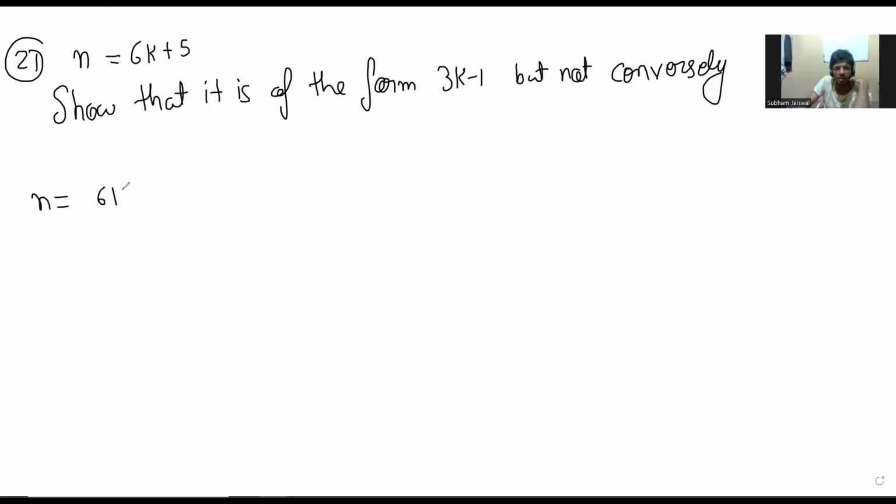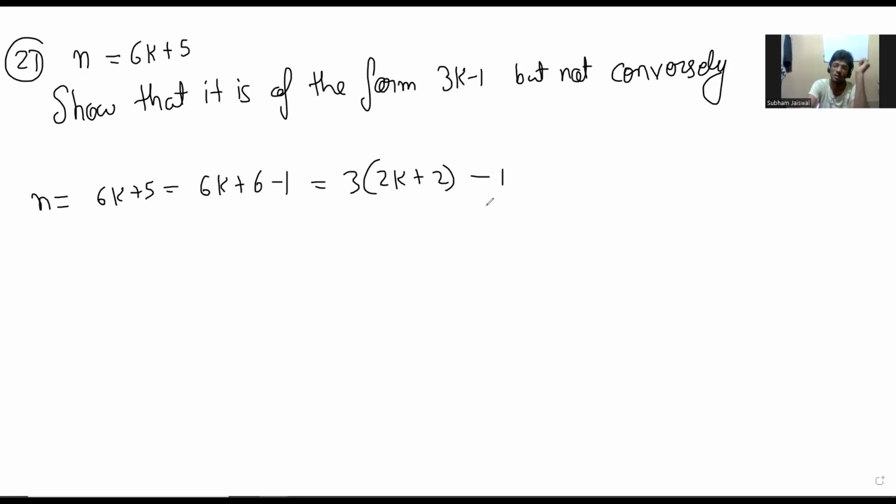Yes, that's right. So 6k plus 5. So just trying to make it in that form, right? So it's one less than a multiple of 2, right? So numbers of the form 6k plus 5 come from numbers of the form 3k minus 1, right?